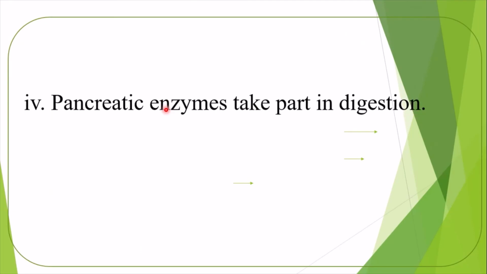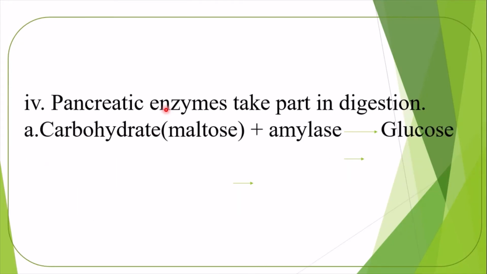Pancreatic enzymes take part in digestion. In pancreatic juice different types of enzymes are there which help to digest different types of food, like amylase, lipase, trypsin, chymotrypsin, and so on. Carbohydrate, especially maltose, converts into glucose by the help of amylase. Here amylase is a pancreatic enzyme and glucose is the simple and absorbable form of carbohydrate.